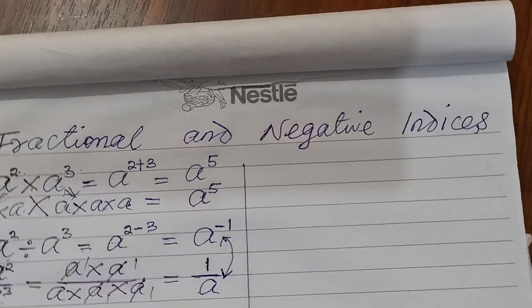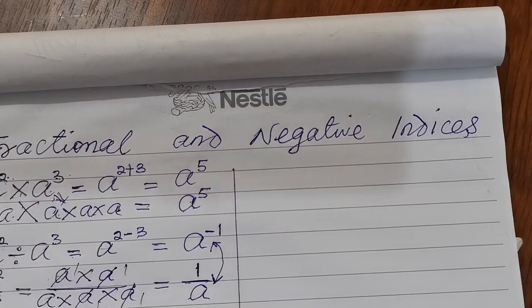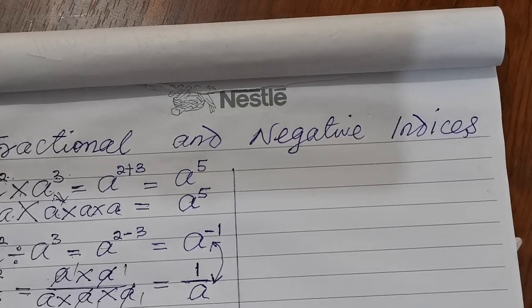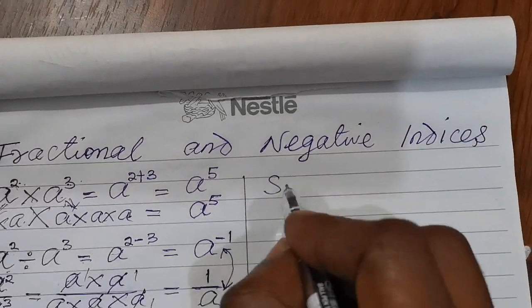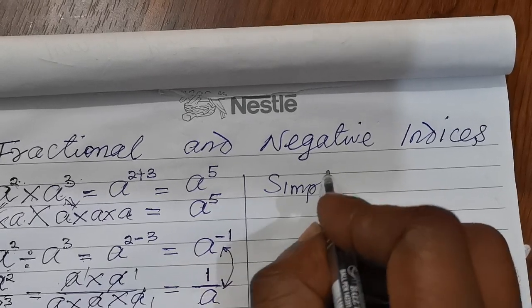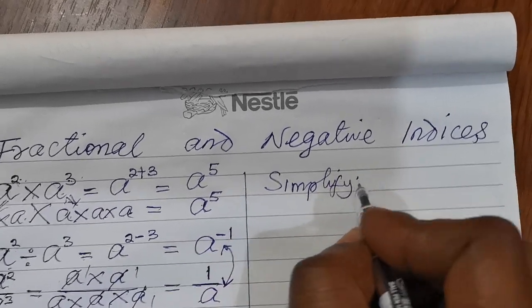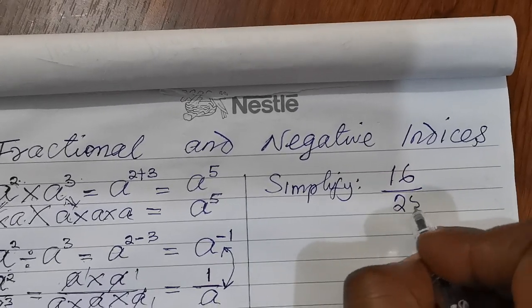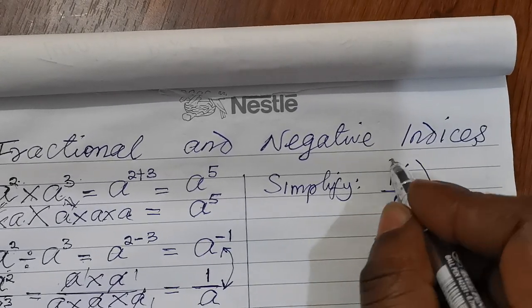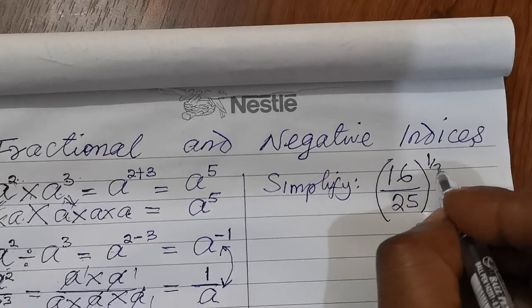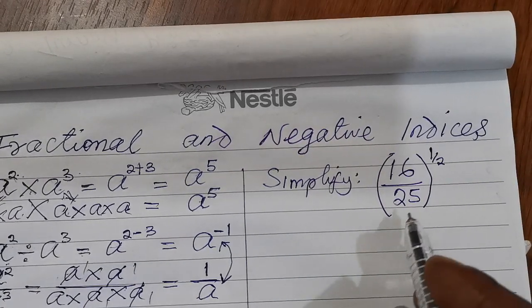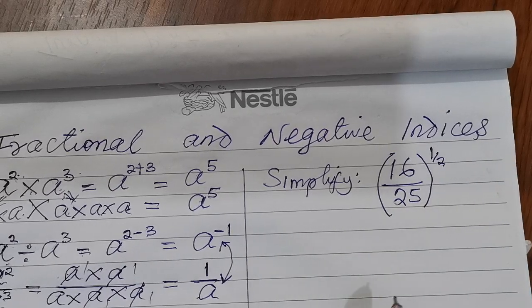Now let's look at a little bit of fractional form. If we are asked to simplify, in a fraction, 16 over 25 all raised to the power 1 over 2, for us to solve this, 1 over 2 means the square root.